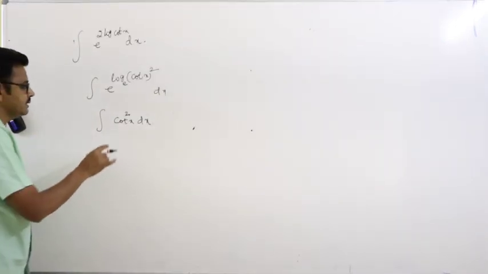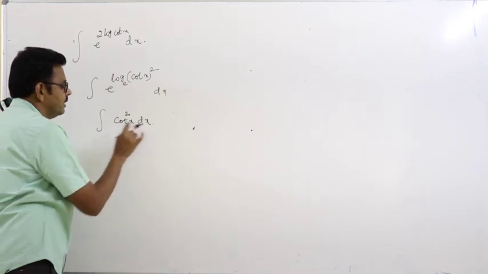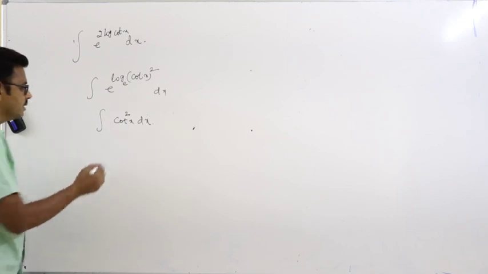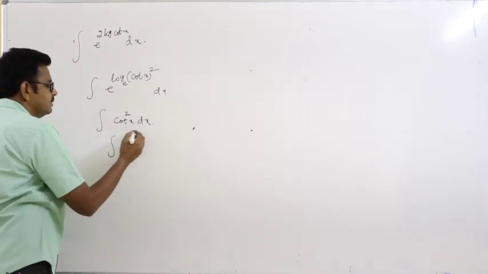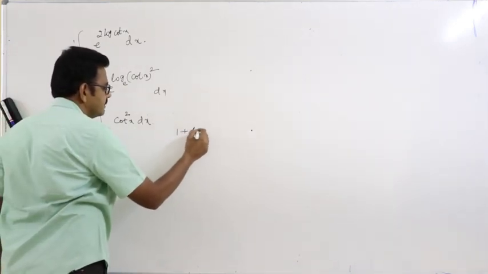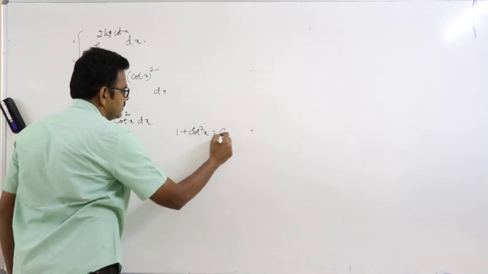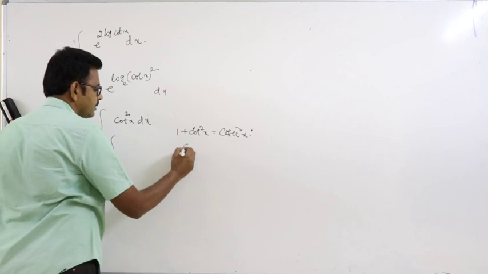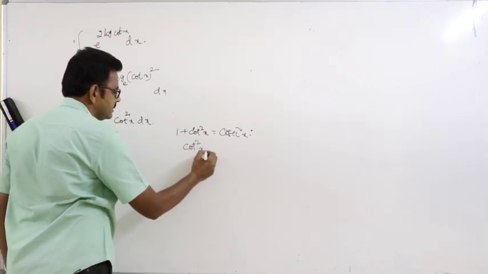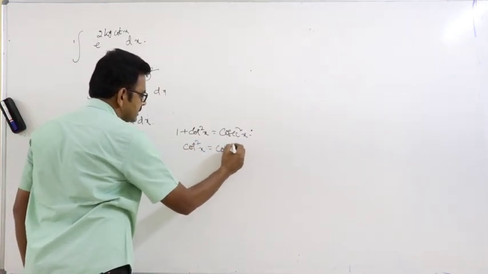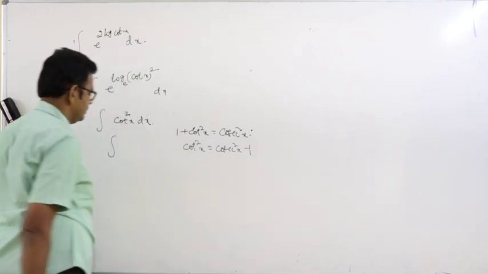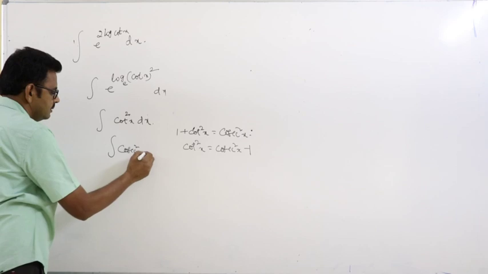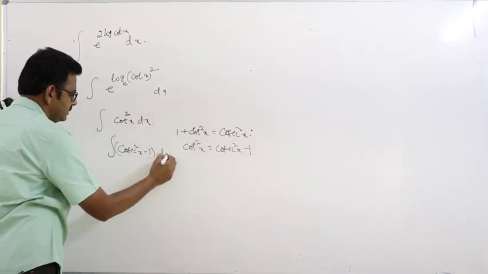For cot square x, there is no formula for integration. So cot square x can be written as: 1 plus cot square x is equal to cosecant square x, which implies cot square x is equal to cosecant square x minus 1. So this is integral cosecant square x minus 1 dx.